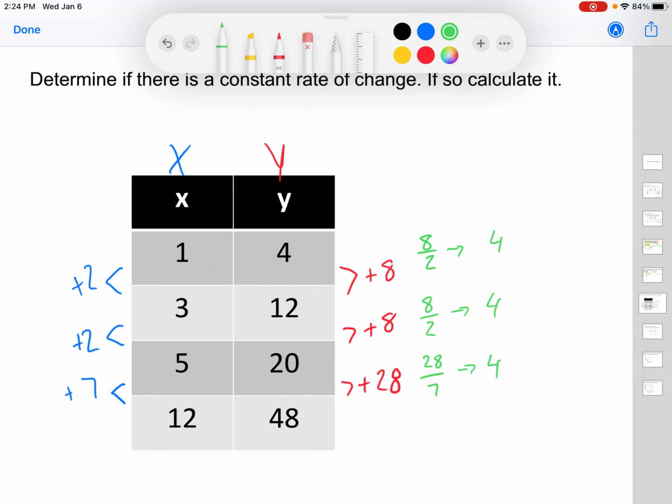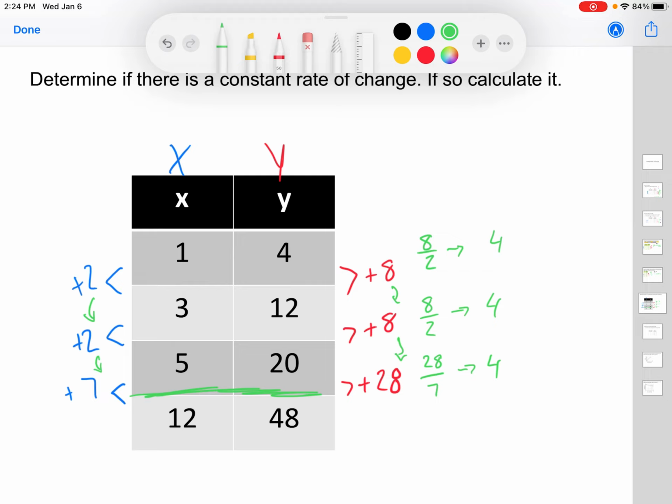So it's changing at the same rate. They just skipped some steps in here. So this would have a constant rate of change. So just because it doesn't change by the same interval every single time in the table doesn't mean that there's no constant rate of change.